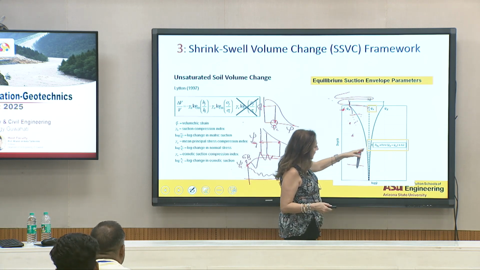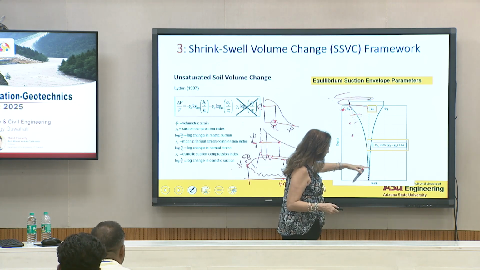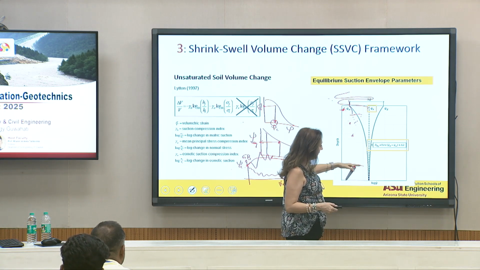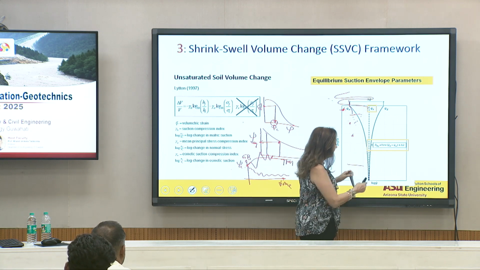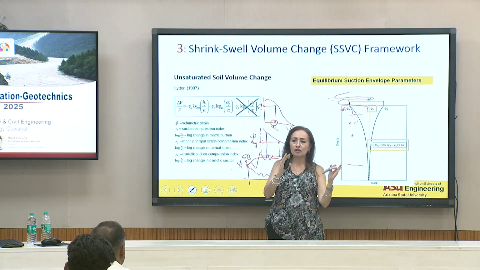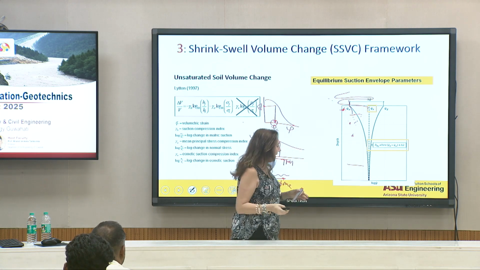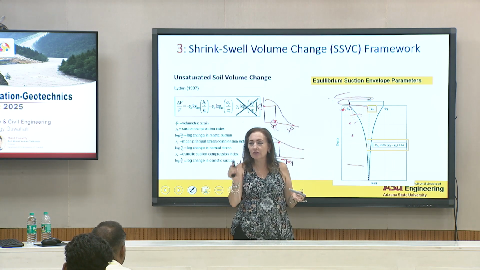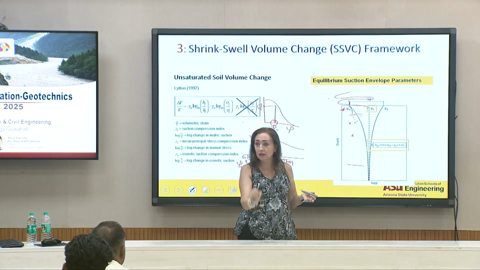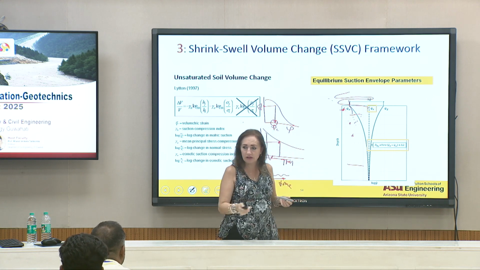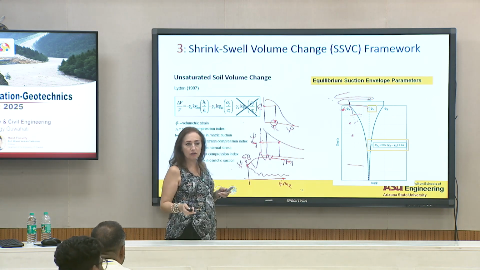And we're going to need the depth of equilibrium suction that we discussed yesterday, when the change between the dry suction and the wet suction is not going to be greater than, let's say, a number. You're never going to find something with absolutely no change, so there is some variability associated with that. We put a value of 0.2.